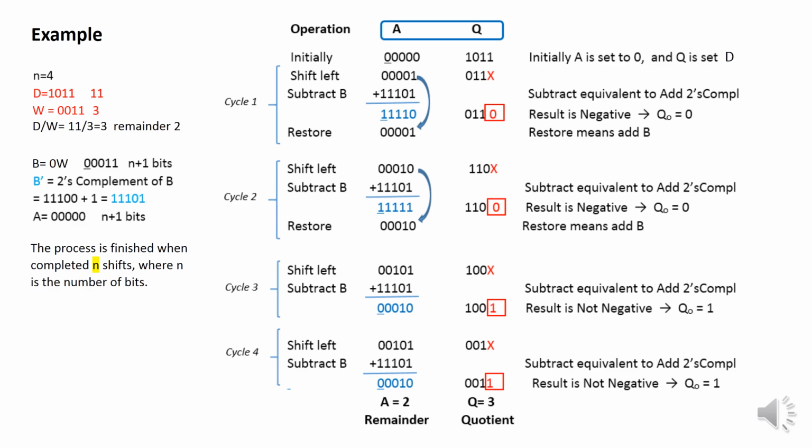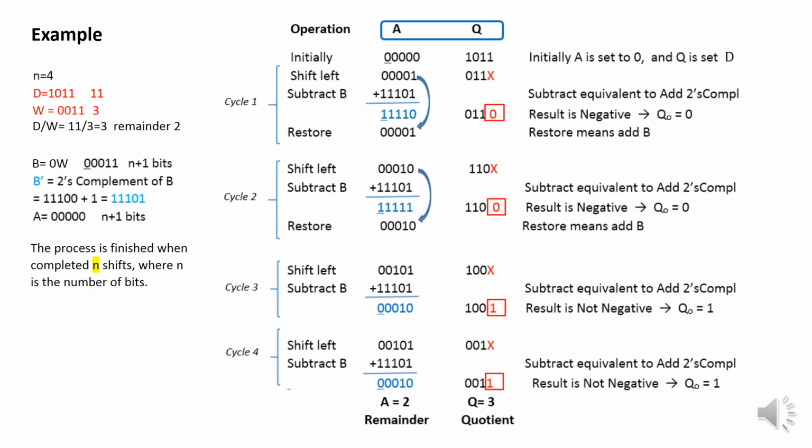Let's now work through an example of a division to see how the registers are managed by the computer. Our dividend D is 1011, which is 11 in decimal. Our divisor is 0011, which is 3 in decimal.